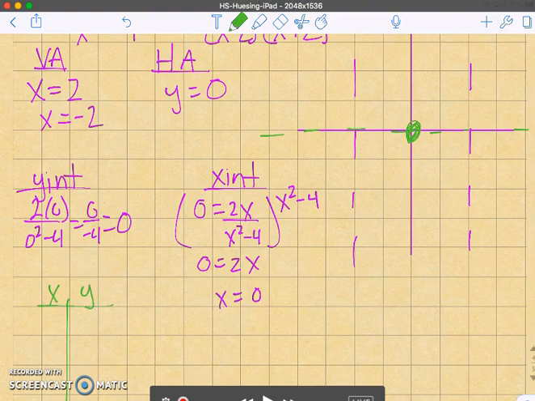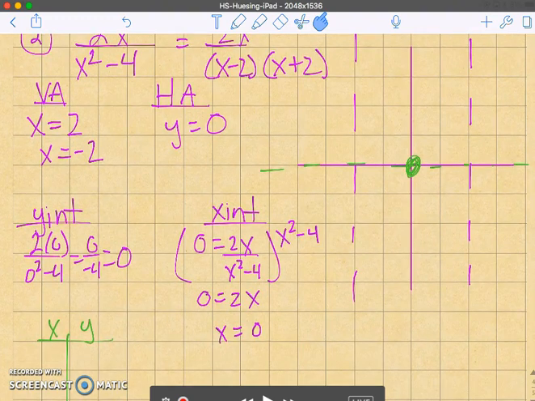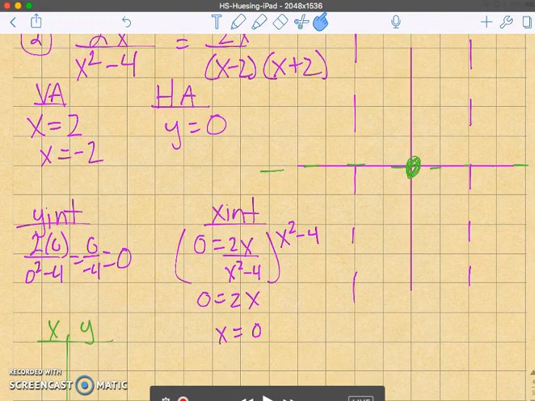We could make an xy table. When x is 1, 2 times 1 is 2. So on top we have a 2. 1 squared minus 4 is negative 3. So when x is 1, we got negative 2/3. What about when x is negative 1? So 2 times negative 1 is negative 2.